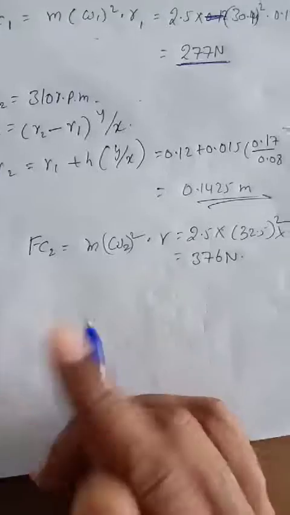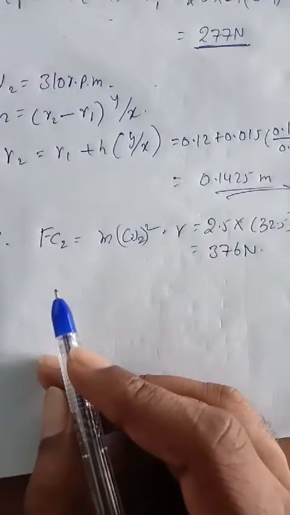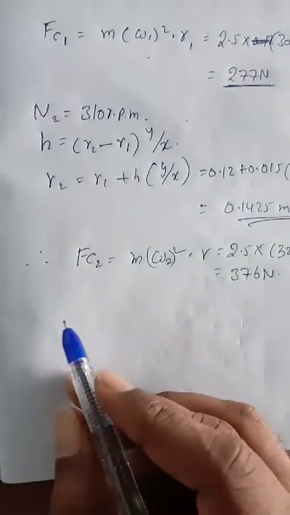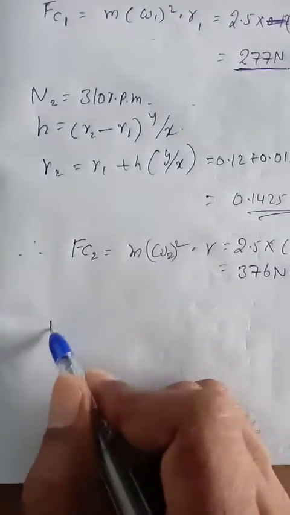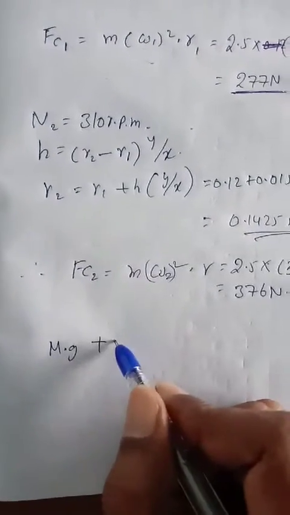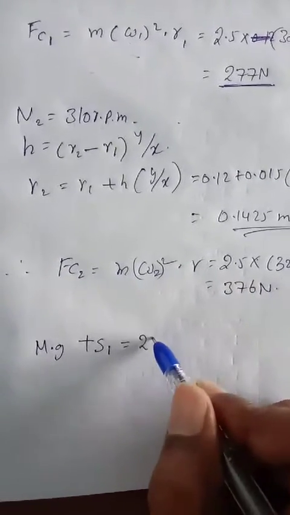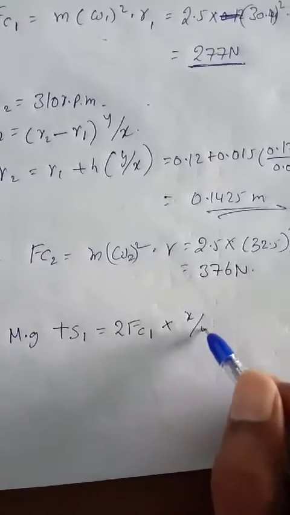So neglecting the oblique effect of arm and the moment due to the weight of the balls, we have for the lowest position, taking moments here, m into g plus S1, that is equal to 2 FC1 into x by y.